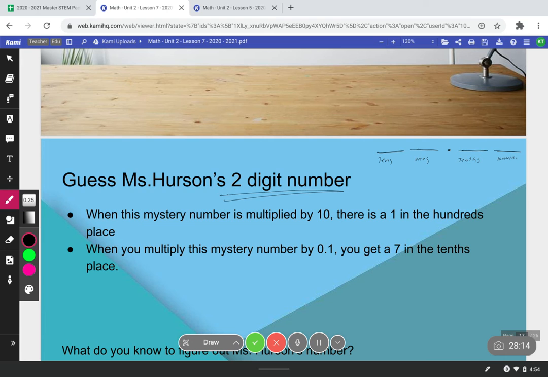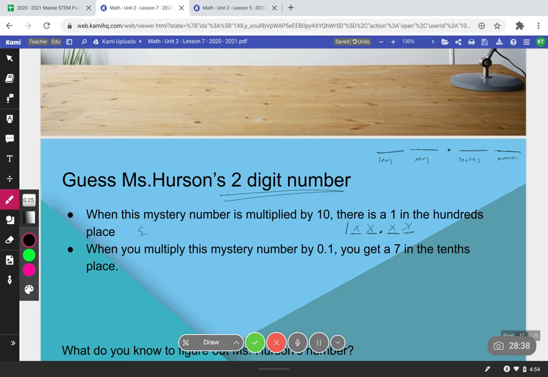So what do we need to do? That tells me that there's a 1 in the hundreds place after I multiplied by 10. So that means our place value increased and that the 1 used to be 1 place value smaller.